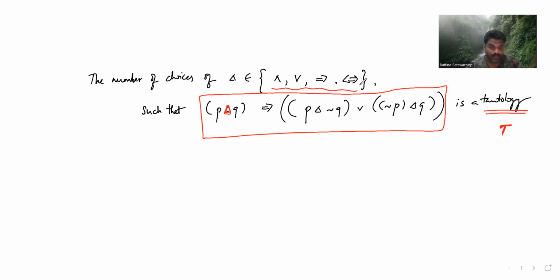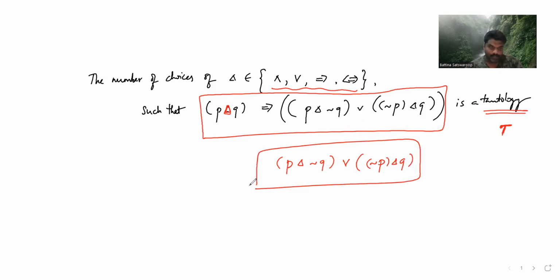Now, for this case, P delta negation of Q or negation of P delta Q, for this to be true, there are only two possibilities. Delta should be OR, and this delta should again be OR.